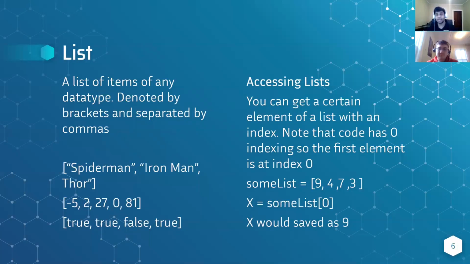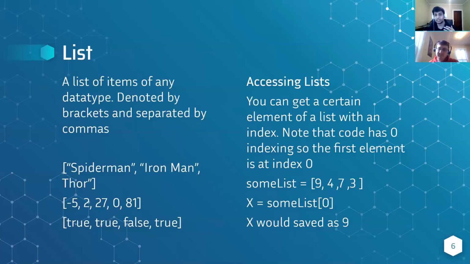As you could see, the entire list is in brackets, and the quotation marks are there because they're strings, and they're separated by commas. If you wanted to access certain parts of the list, say the first or maybe the last part of the list, I'll show you right here. Say here is a list called SumList, and it's a list of these numbers. Say I wanted to get the first value of the list, number 9. Lists are 0 indexed, meaning if you want the first value, that is at index 0.